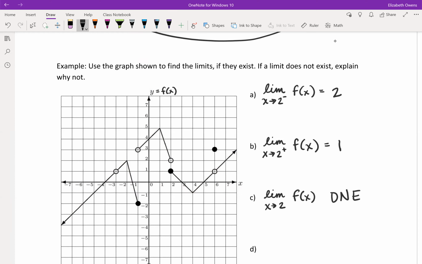DNE for short. And this is because our left-hand limit did not equal our right-hand limit. So it does not exist, and there's the rationale, because those didn't match.